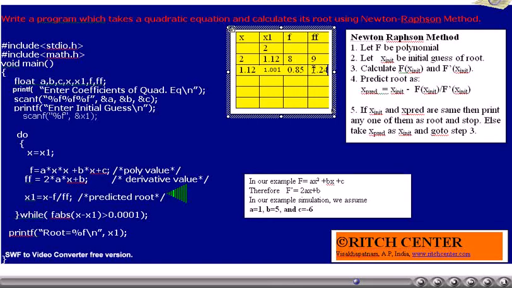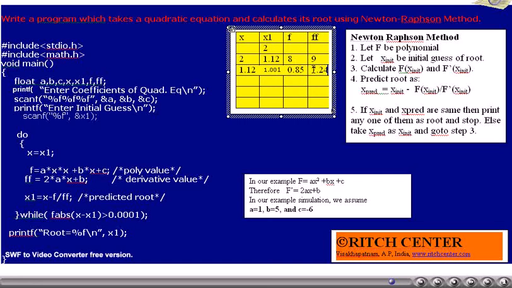The root is predicted. That will become 1.001. The initial value of the root at the beginning of this iteration is 1.12. The predicted value is 1.001. Are they the same? No. Thus, the loop is supposed to execute once more.